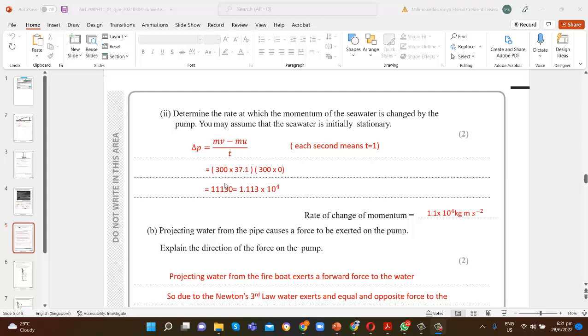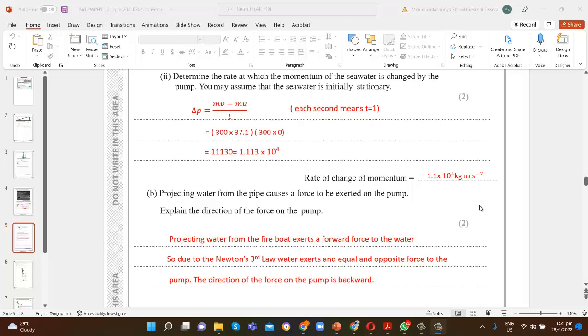So you know m, you know v, and initially it is at rest. So you will find 11,130. You have to put it in standard form. So that is rate of change of momentum, kilogram meter per second squared. So you should know the unit. You have to mention the unit.